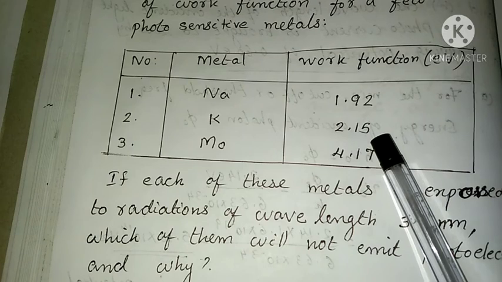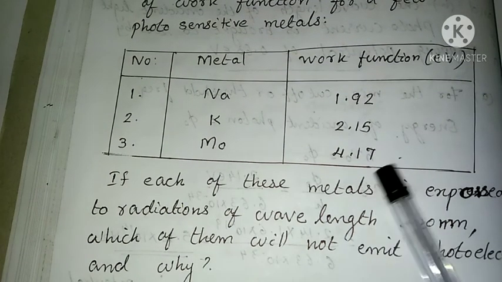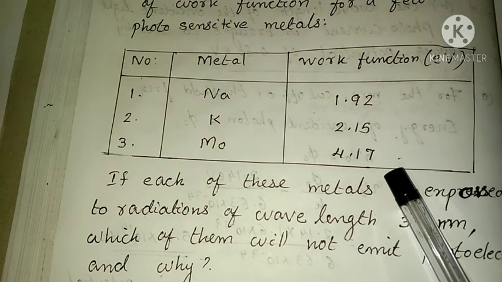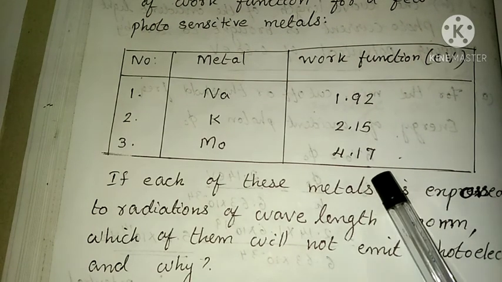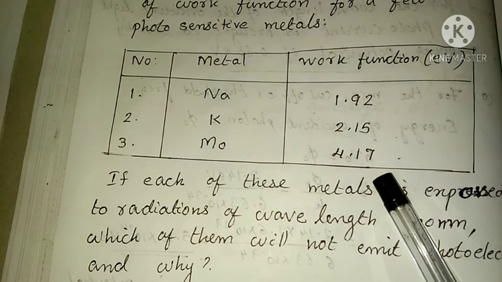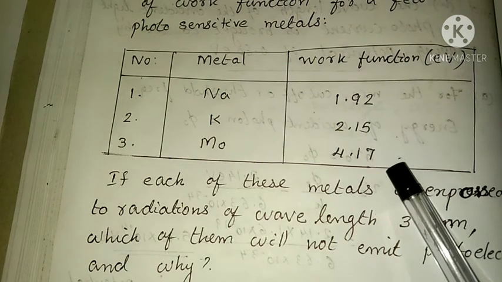Clear? But in the case of molybdenum, its work function is 4.17 electron volt. It needs 4.17 electron volt energy to emit electrons from the metal surface, but the energy of the incident photon is less than this value.